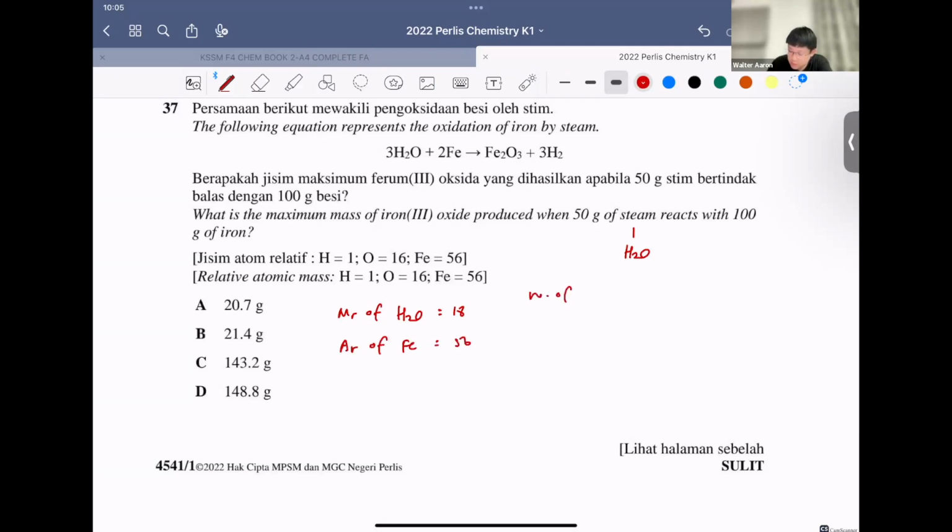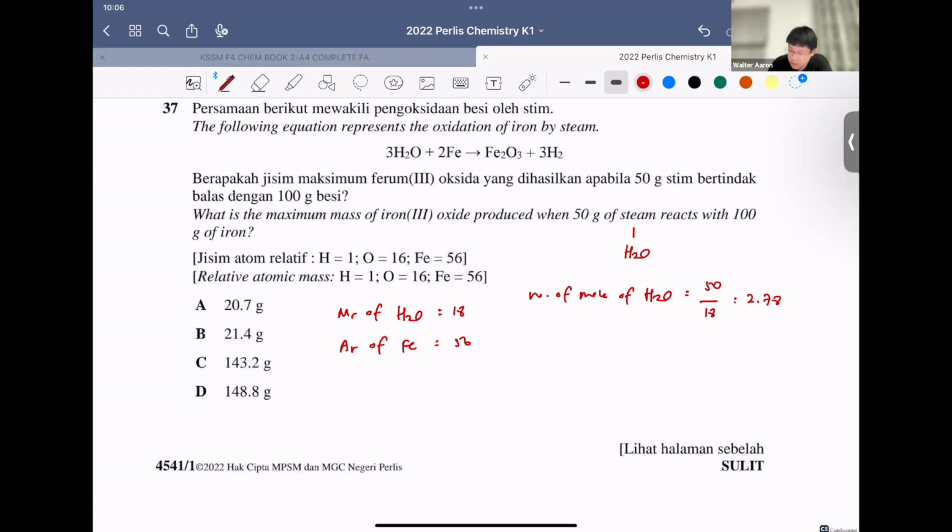So number of moles of H2O will be 50 divided by 18. You get 2.78.